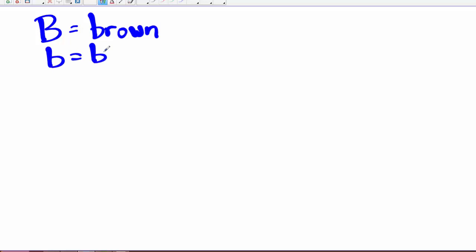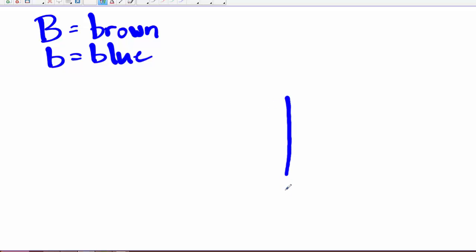So if we were to establish our alleles with brown being dominant, I would write big B equaling brown, and then little b would equal blue. My question is, is it possible for 2 brown-eyed parents to produce a blue-eyed offspring? And the answer is yes.